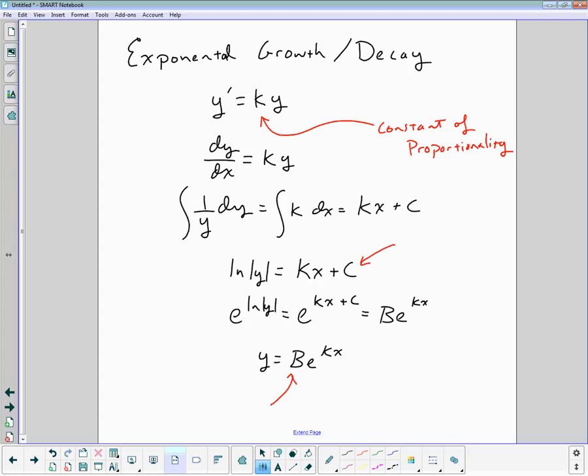So what we've basically got here is a line, y equals mx plus b. And granted it's the natural log of the absolute value of y, but what I'm talking about here is a linear function. If we were to graph something like that, it would look generally something like that, where k is the slope and c is the y-intercept.